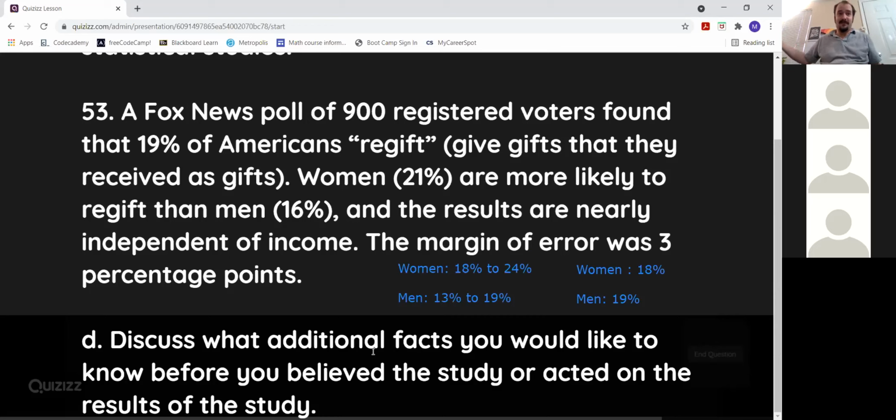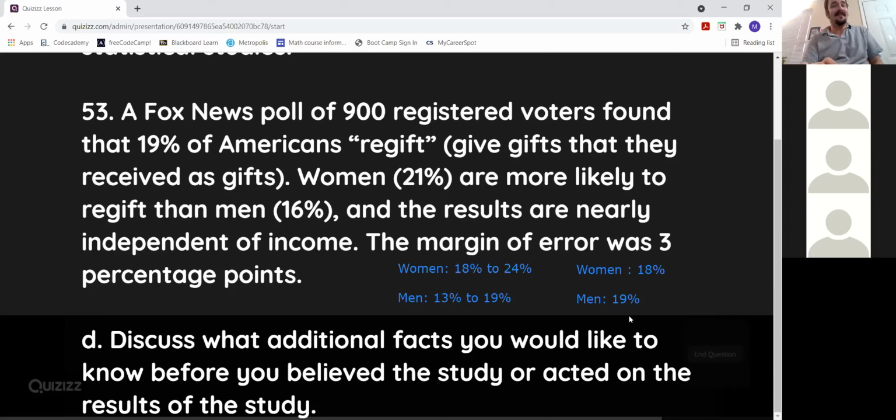Are these Fox News viewers? Because they might have different ways of doing things than people that aren't Fox News viewers, you know? They might actually believe Fox News, who knows? Yeah, so all these things, there are a lot of things you could tell me.